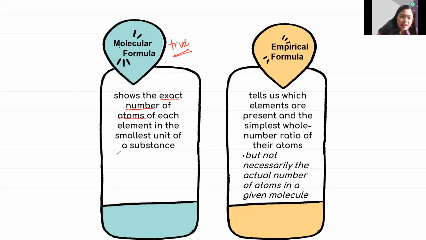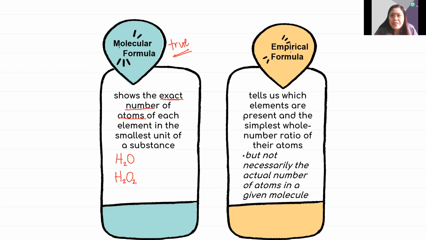Like pag sinabi nating water, you will really see that water has 2 hydrogen and then isang oxygen. That's the true molecular formula. Or example, hydrogen peroxide. You will really see sa molecular formula ng hydrogen peroxide na it contains 2 hydrogen and also 2 oxygen. Kaya tinawag siyang true formula. Exact talaga ang number of the atoms.